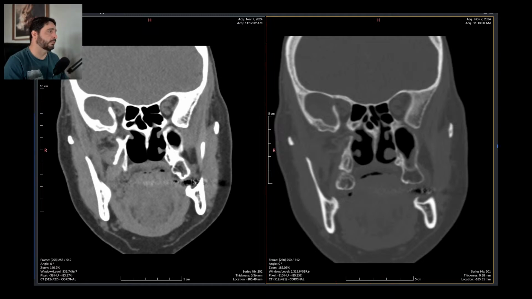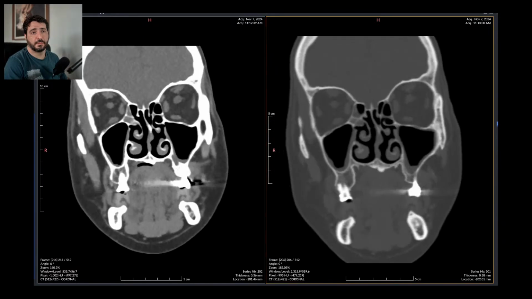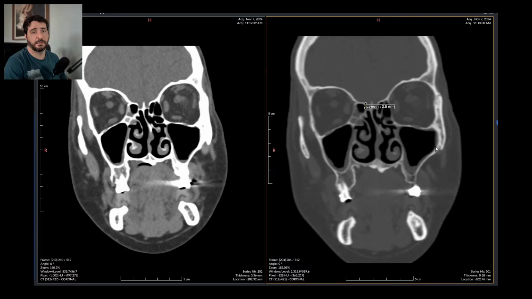This is the most common hypoplastic facial sinus, so it's really common. And there is thickening of the mucosa of the nose and the paranasal sinus cavities. Just mild thickening.